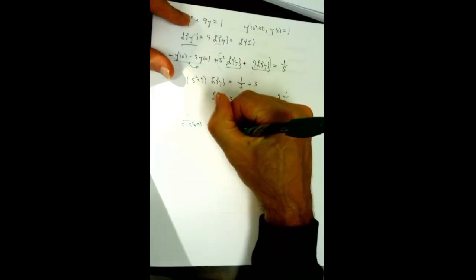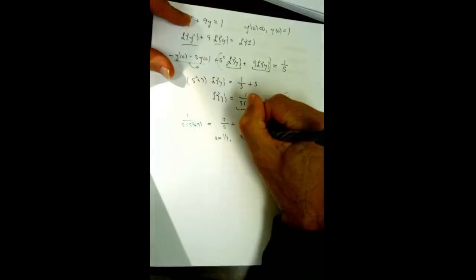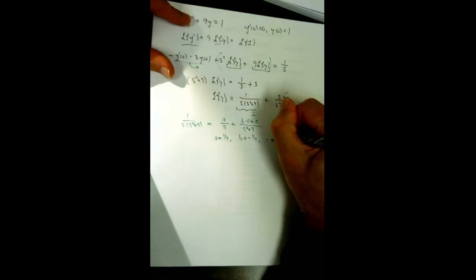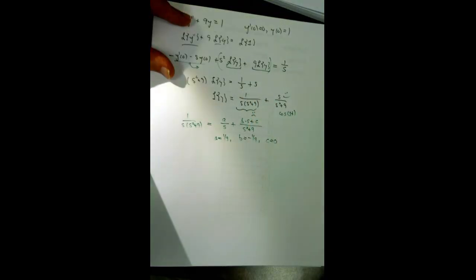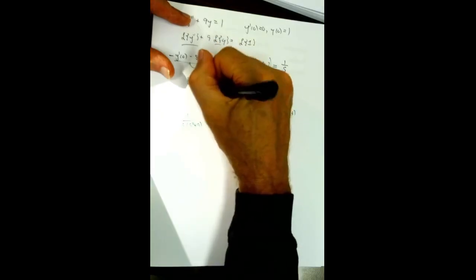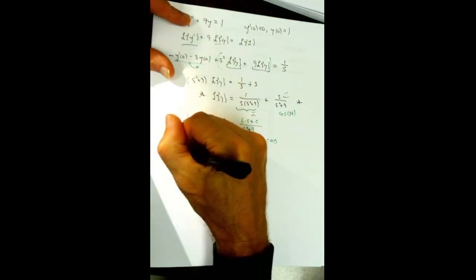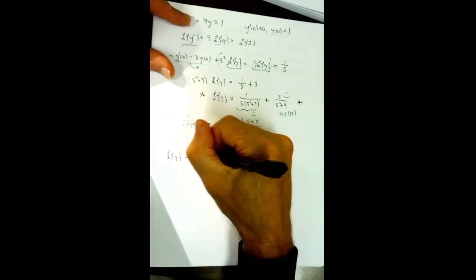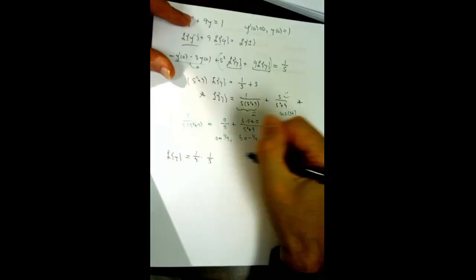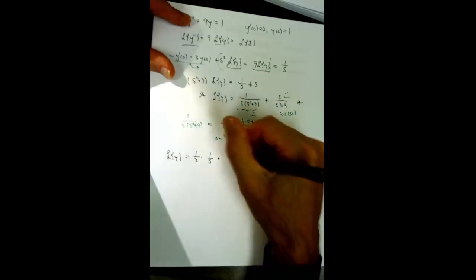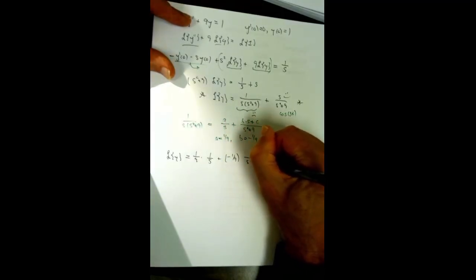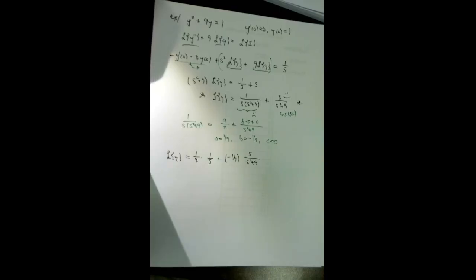And you should figure out that a equals 1/9, b equals minus 1/9, and c is 0. So coming back to here, we get the Laplace transform of y is a over s, which is 1/9 times 1 over s, plus b, which is minus 1/9 s over s squared plus 9, and then the c is 0, so that's all we get.